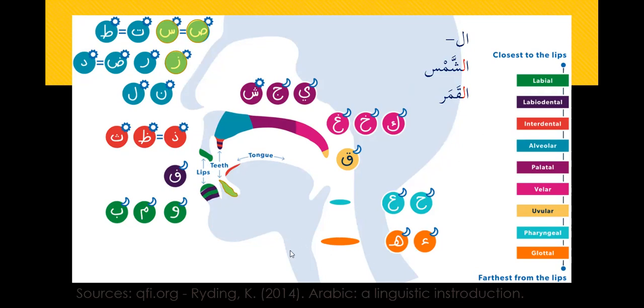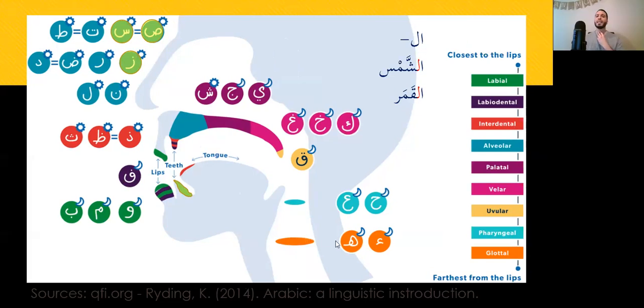So here's the neck, the throat. So the hamza and ha, I want you to try to feel these letters because we're going to go through each one of them and we want to make sure that we're all pronouncing them from the right spot.